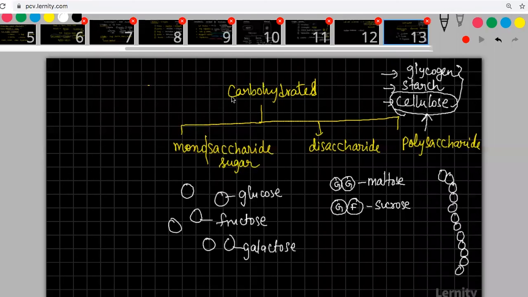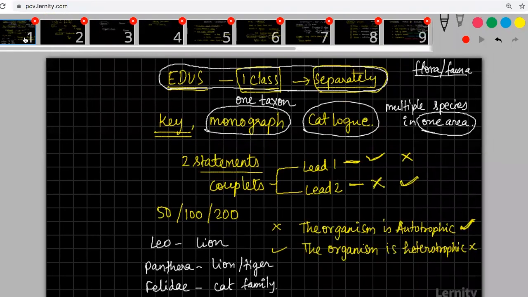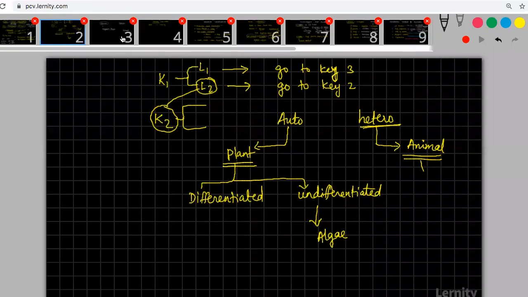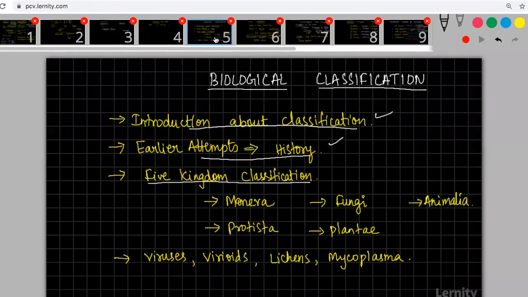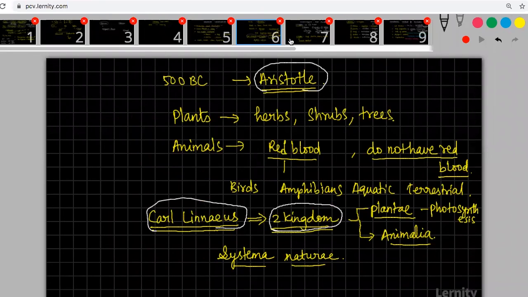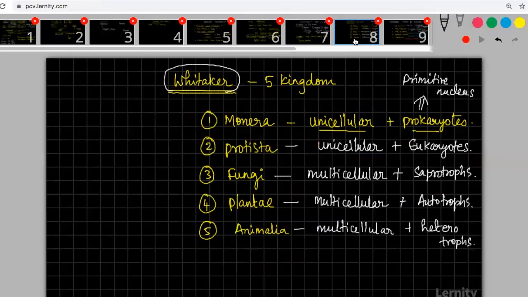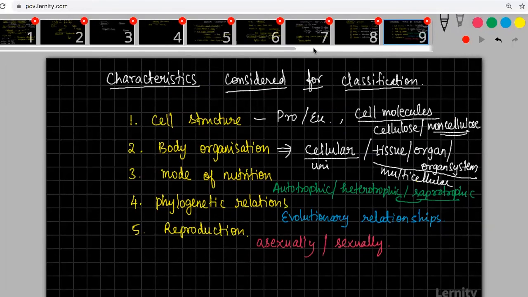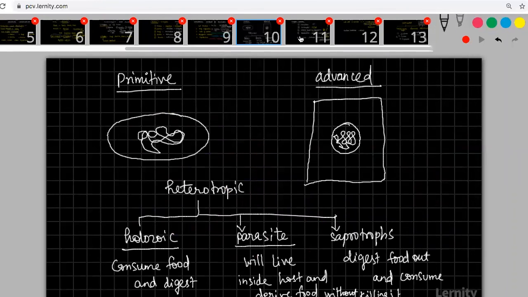Which slide do you want? Yes, it would be helpful for NEET exams as well.